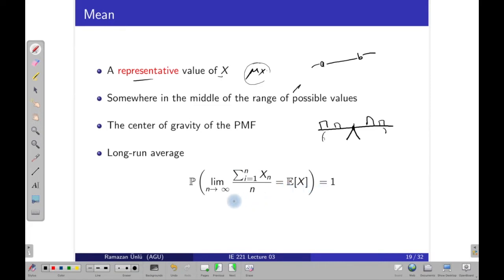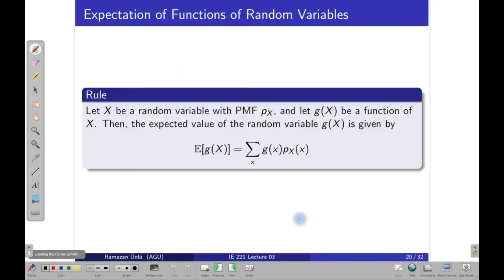So the limit, when n goes to infinity, of the sum of the xn divided by n, is equal to the expected value of x. So this is the average of the x's while n reaches infinity. Okay, this is another property of the expected value.